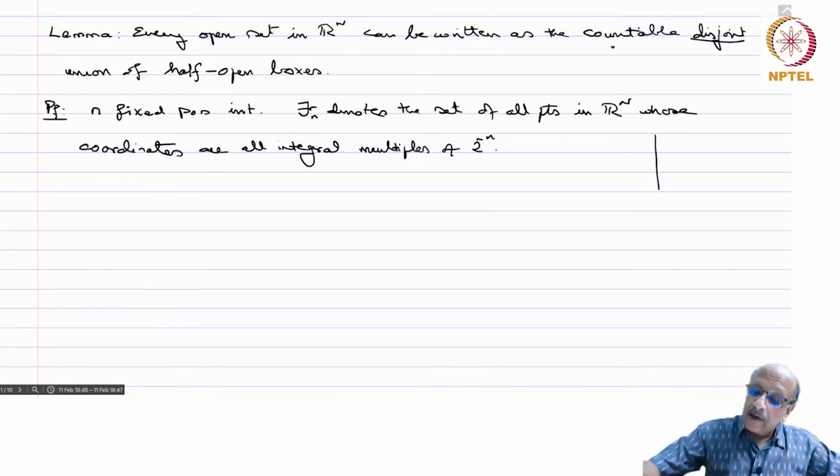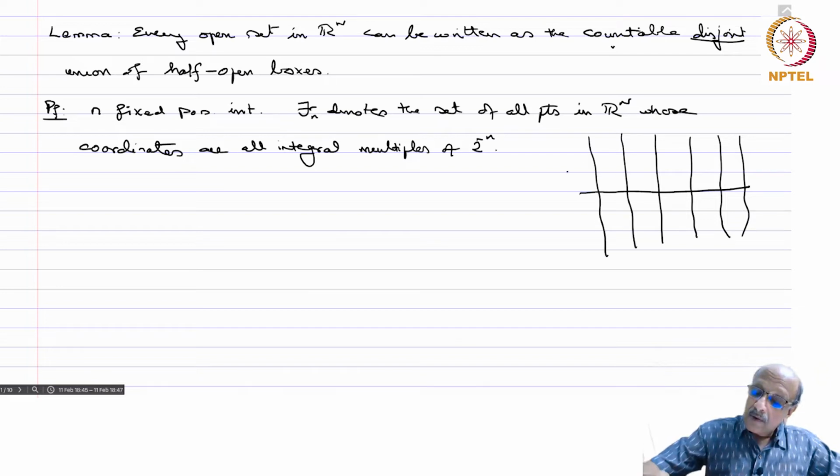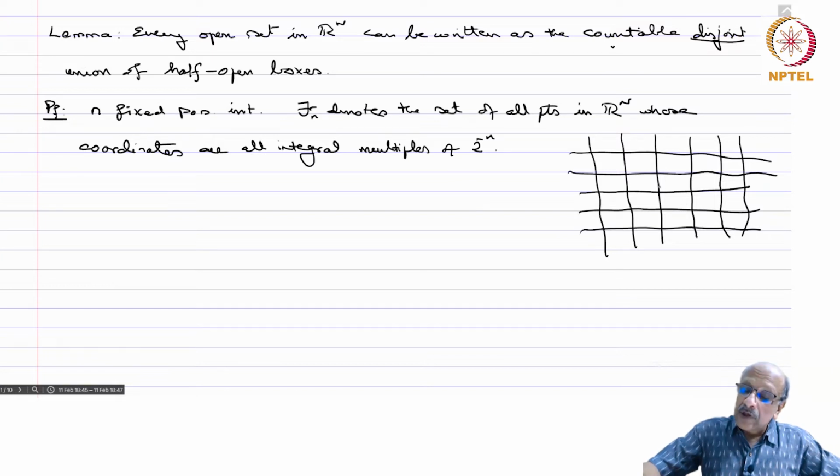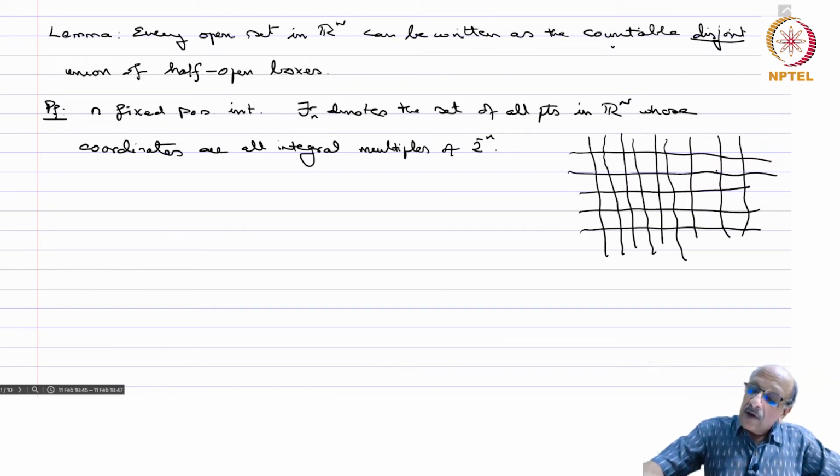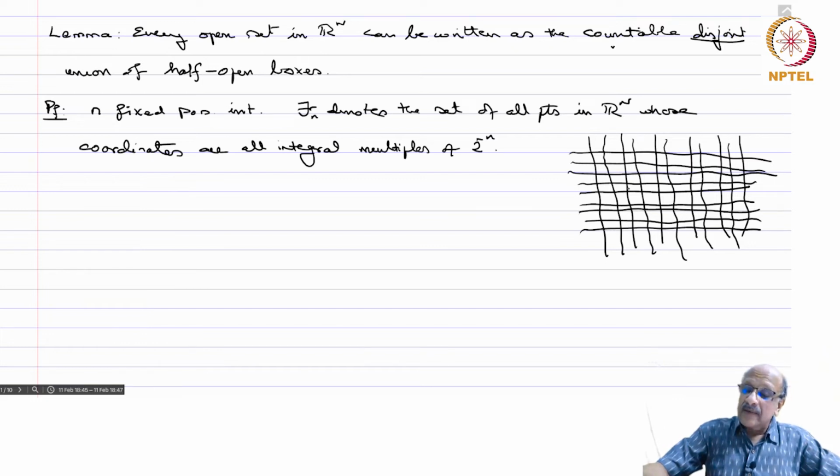Okay, so you take R^n, let's take R^2 for instance. So you take half, 1, 1 and a half, like that, and then here also. So draw lines at every half unit. So these points of intersection here, they are the F_1. Now if you want F_2, you have to further subdivide each of these into 2, and so on. So you have 1 by quarter as the length of each box.